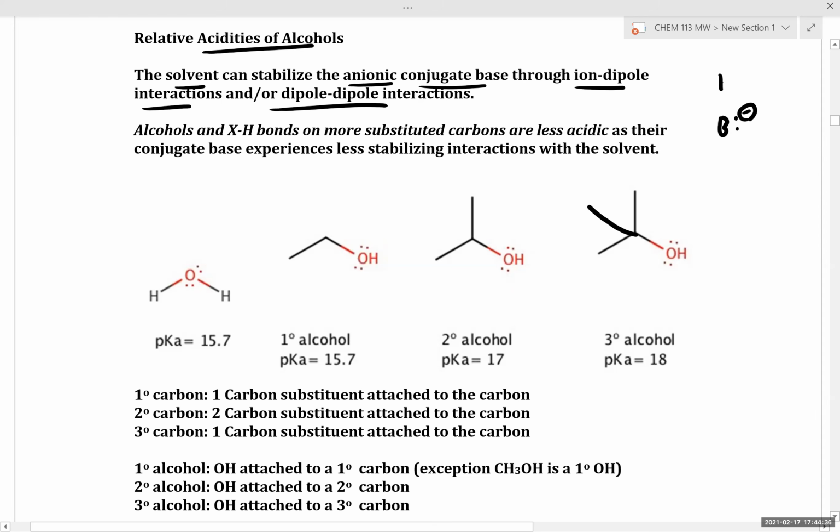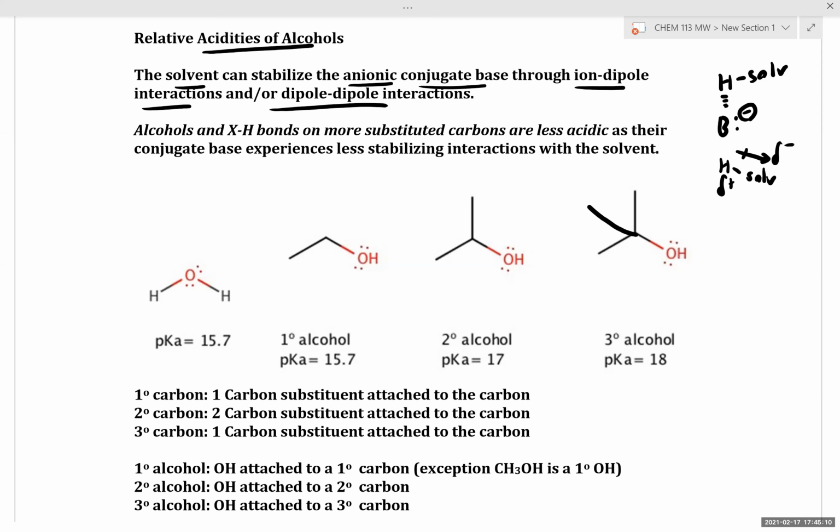The solvent, that I'll write as H-solve, can stabilize the conjugate base both through hydrogen bonding and through ion dipole interactions.